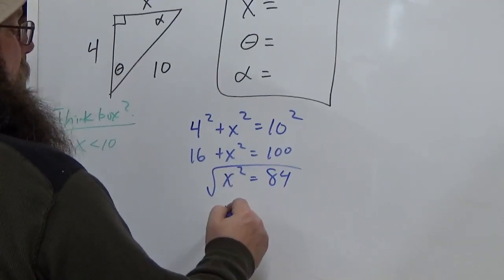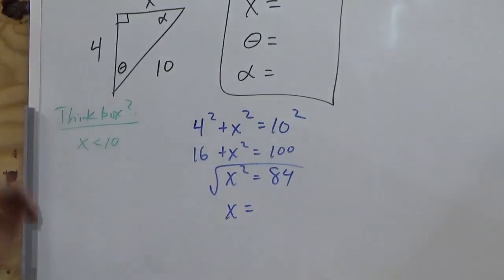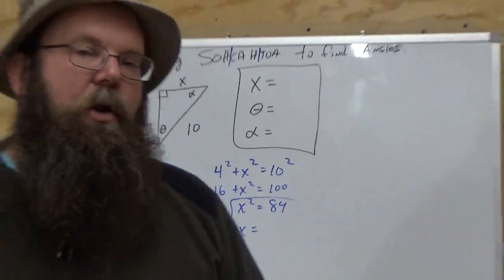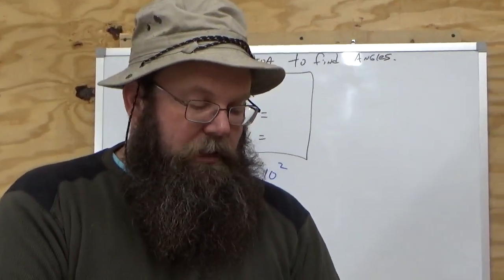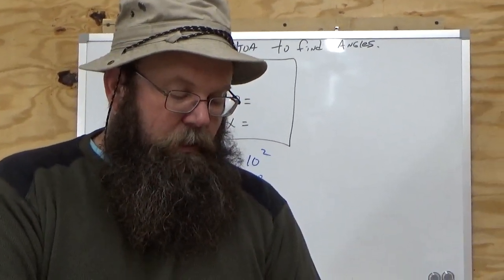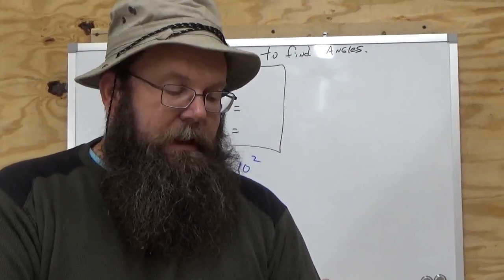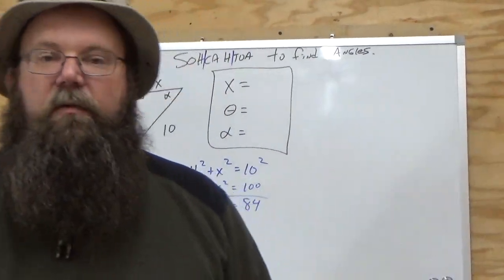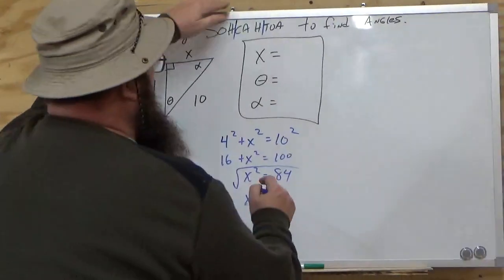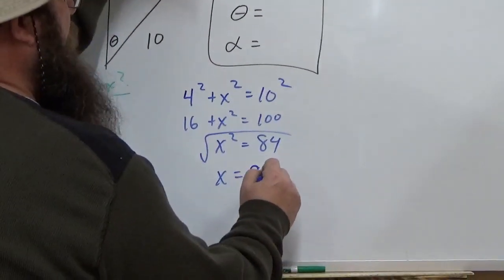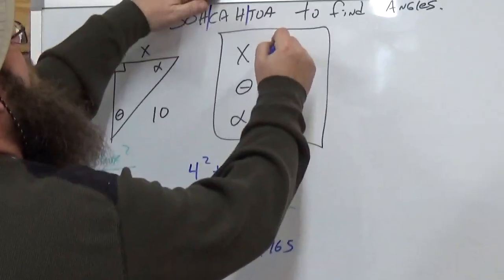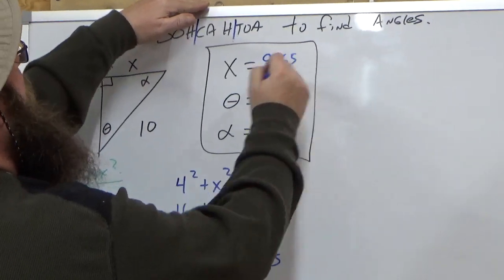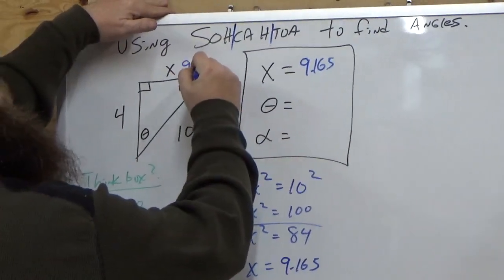Square root that. Square root of 84 should just be a little bit more than 9. So let me find out what that is. Control square root 84, 9.165. So x is about 9.165. Rounding off to 3 places, x is 9.165.